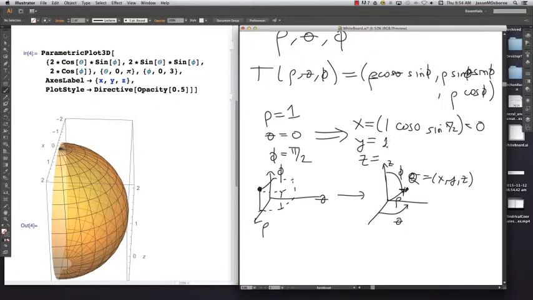Y, you'll be at 1 sine of theta, you'll be sine of 0 sine pi over 2, and that will be 0.